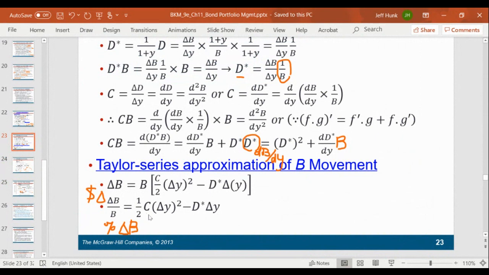If we know the convexity, we can predict how much the bond price will change, because we have convexity, we have duration, and we have the interest rate change. We plug in the interest rate change, convexity, and duration, and we can calculate the percentage change in the bond price. We can get the change in bond price directly.